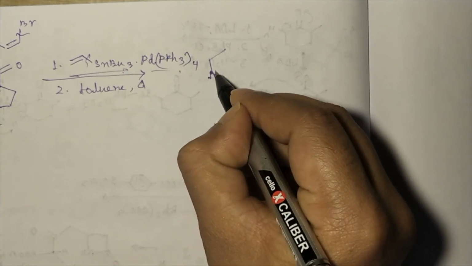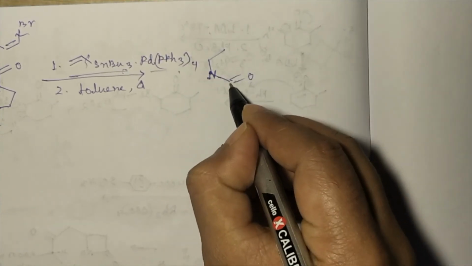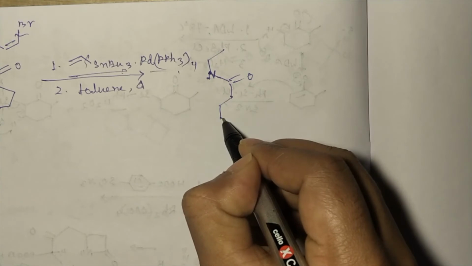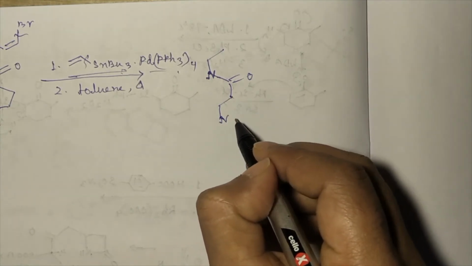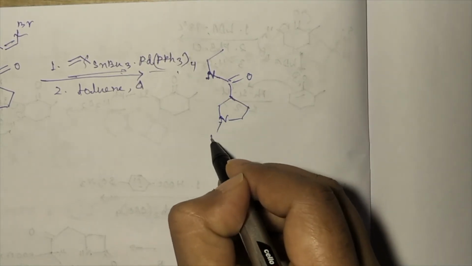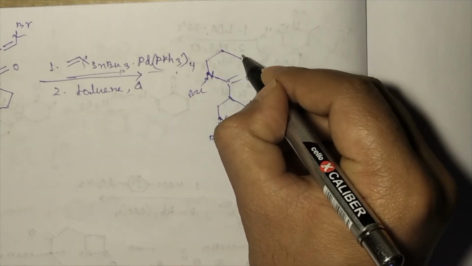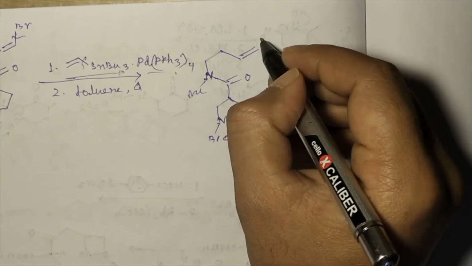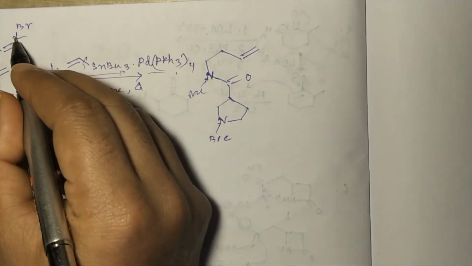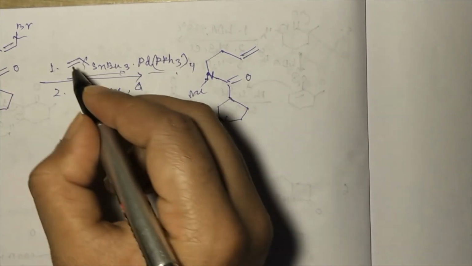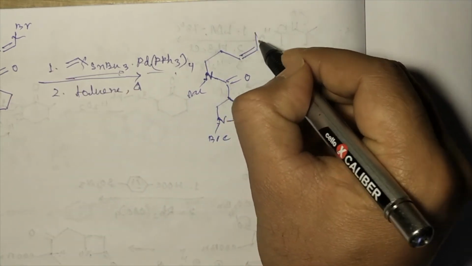Here double bond O, Me. Now this part will be attached with this, so it will be a diene.